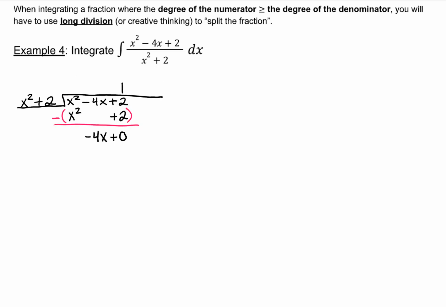Making my remainder -4x over the divisor. That means that this integral is equivalent to this integral. Let's separate.